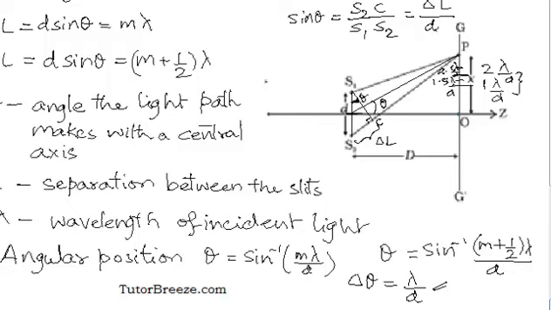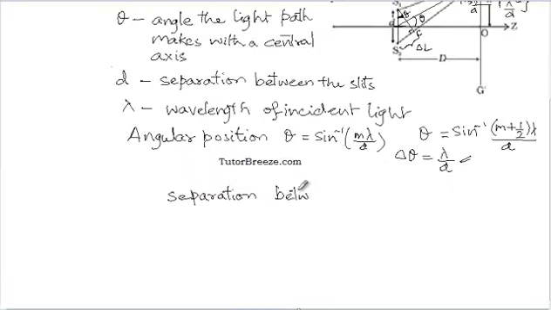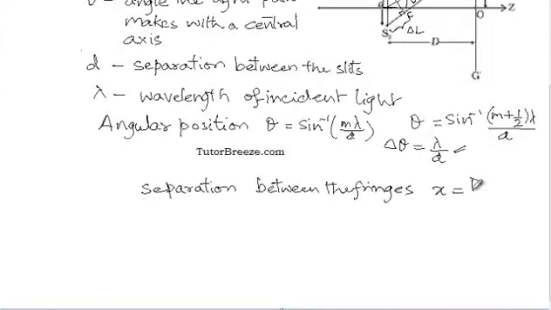Now if you want the linear separation, which means the distance between the fringes, the separation between the fringes x would be D times lambda over d, because D is the distance between the screen and the slits.